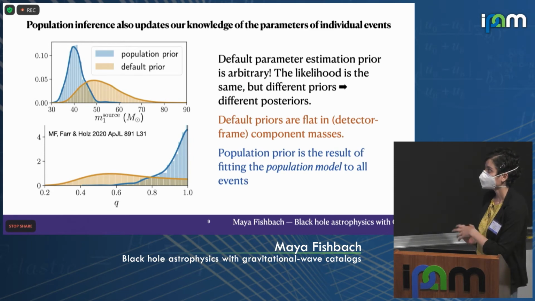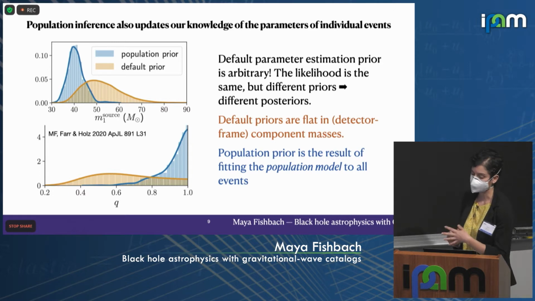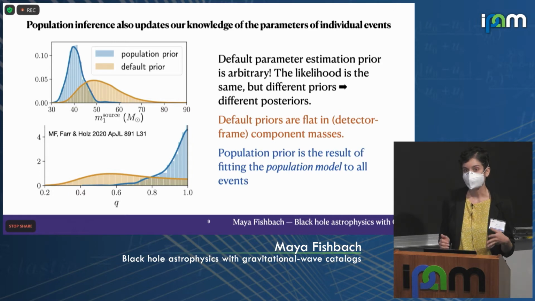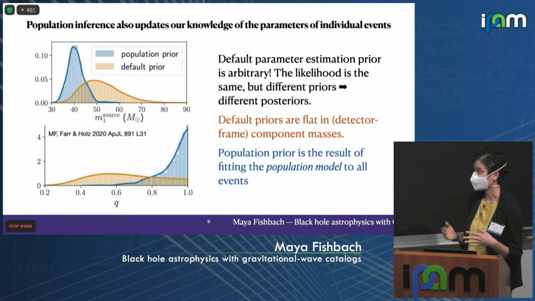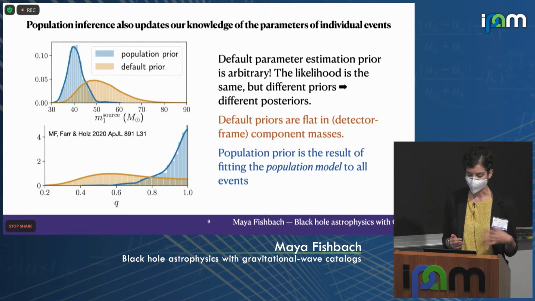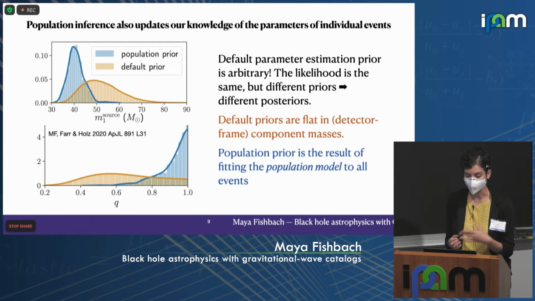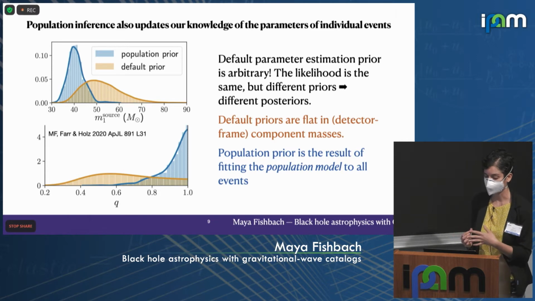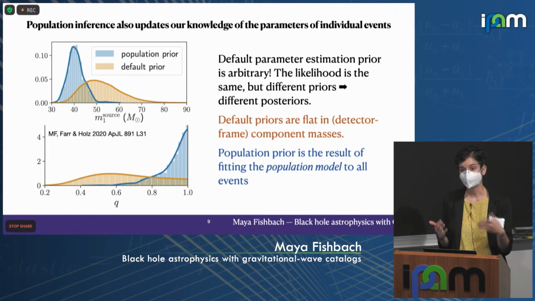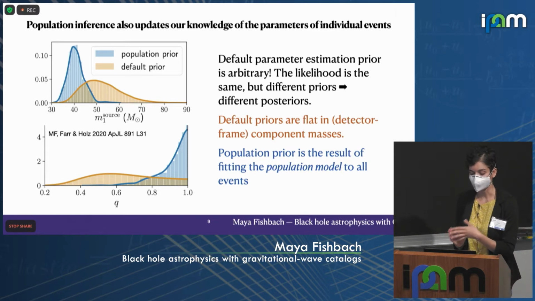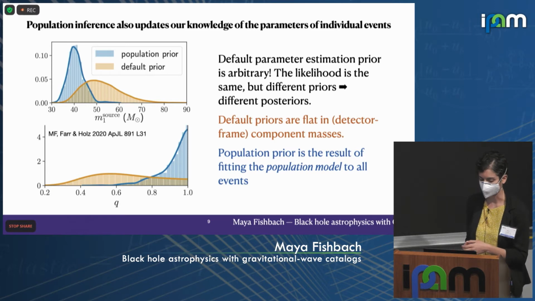Now, another piece to the population inference is that it updates our knowledge of individual event parameters, right? I kept saying that we're looking for the best prior we should be using in our parameter estimation of individual events. Well, actually, the population analysis is simultaneously updating our inference of what the individual event parameters are, as well as fitting the underlying population.